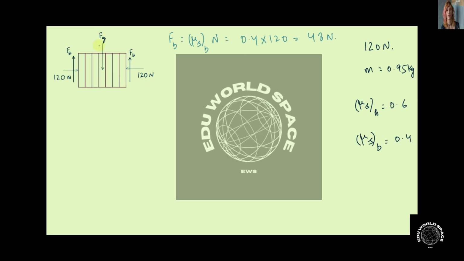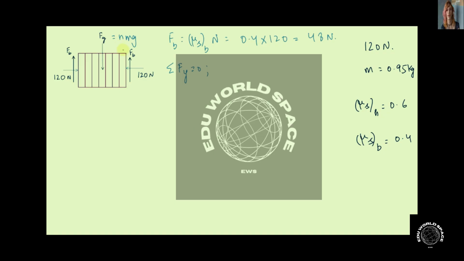Now this is the Fg force, that is the gravity force, and this will be equal to n times mg, where n is the number of books. So we can equate the forces in the y direction to be equal to 0. So we can say that sigma Fy will be equal to 0.